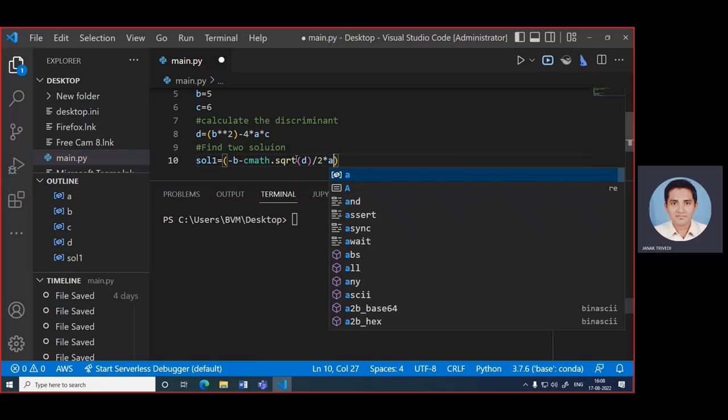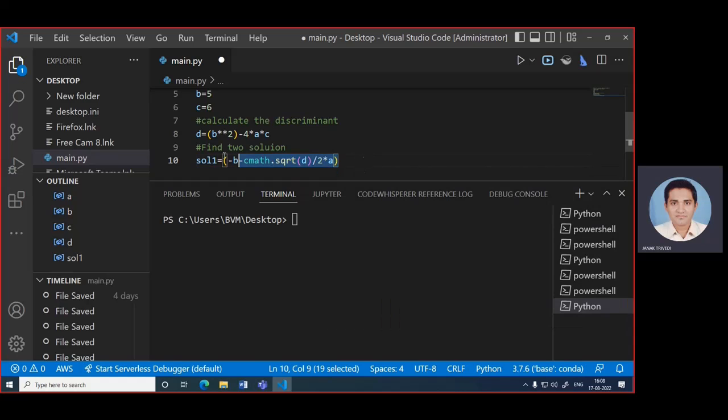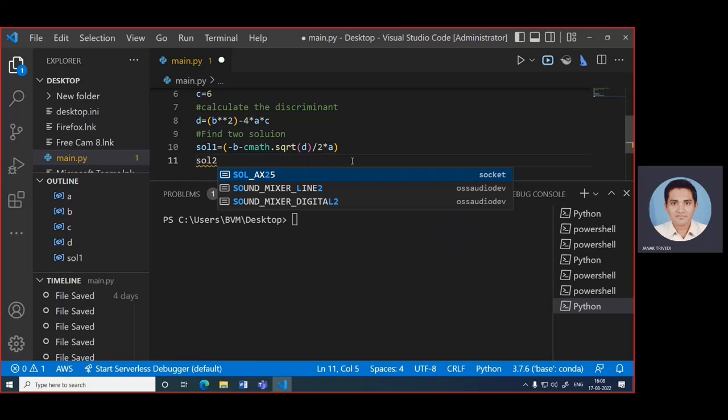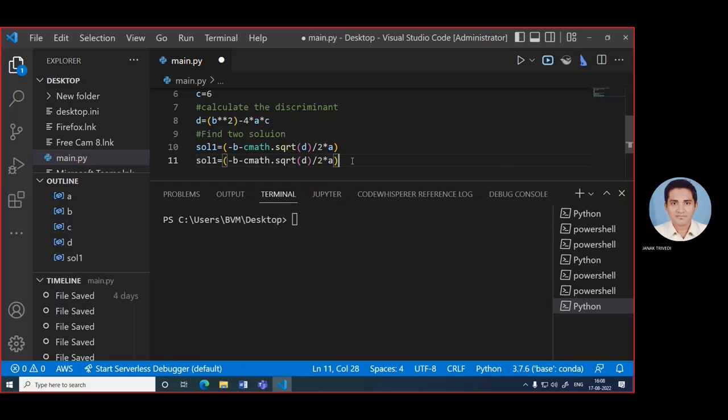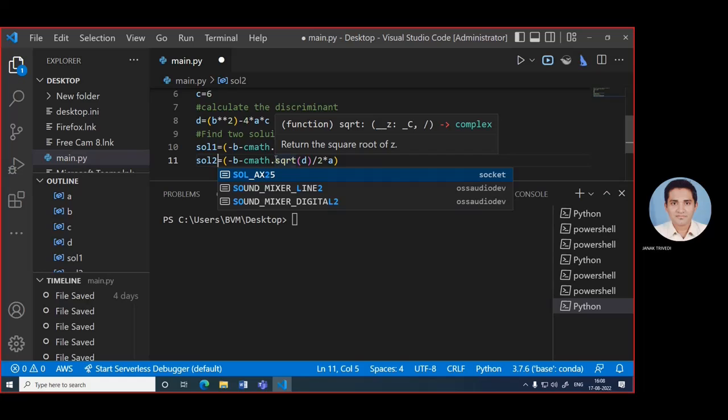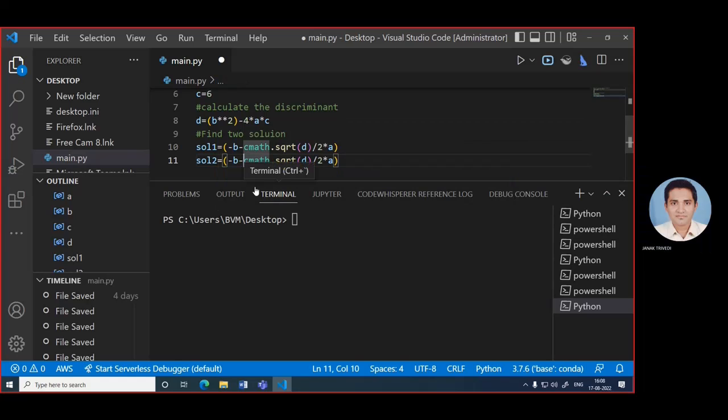So that is the first solution, minus b under root of b square minus 4ac divided by 2a. Now the second solution: solution 2 is equal to minus b plus cmath dot sqrt d divided by 2a.